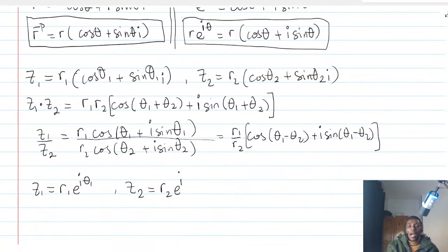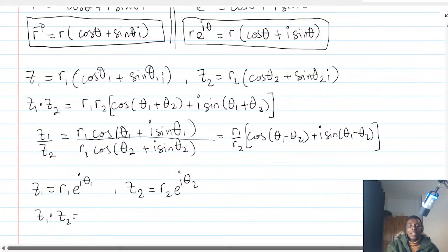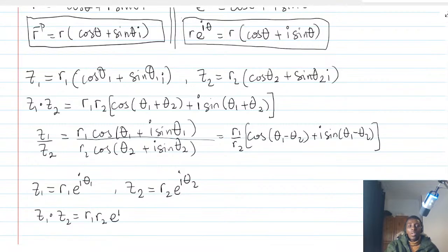So we are going to multiply in the polar form. Z1 multiplied by Z2 will be R1 R2 e^(i(theta 1 plus theta 2)).